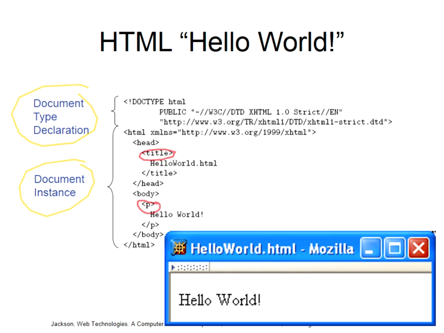We can find also title like this and P. And we can find a simple text like hello world.html, hello world. So there are some special text in red and in blue, and basic text in green.